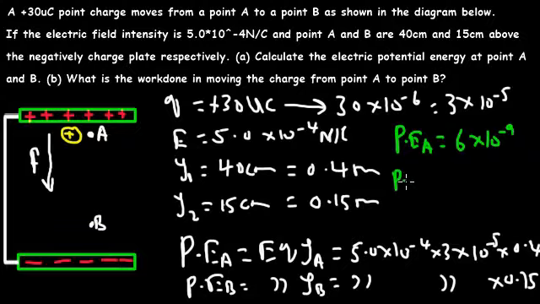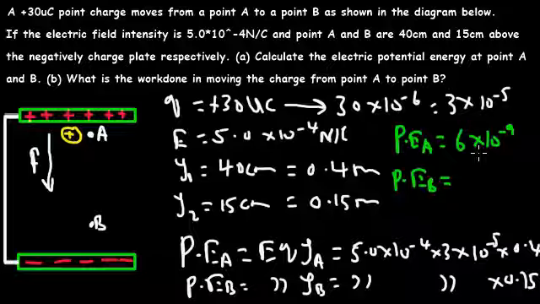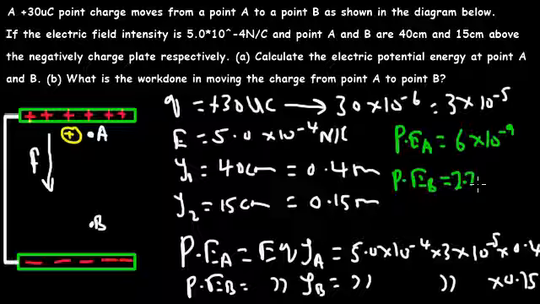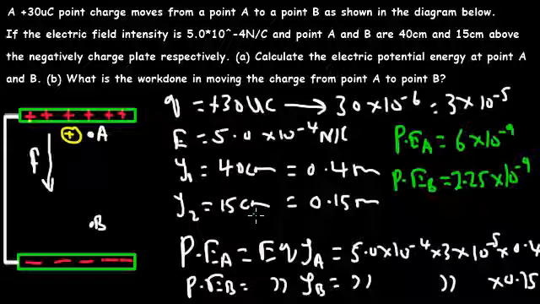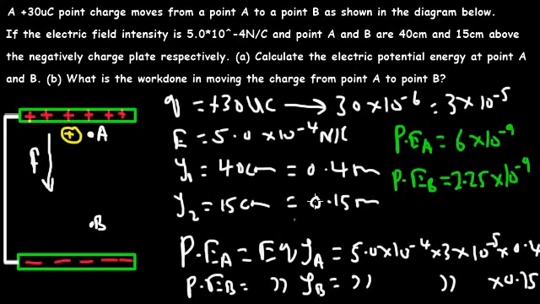So what about PE_B? For PE_B, I'll just get rid of 0.4 and put 0.15. Then I got 2.25 times 10 to the power of negative 9, same index relative to 10. So this is the electric potential energy at point A and point B. That gives us the answer to part A.